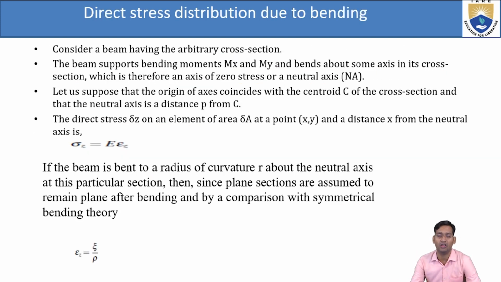Now this is direct stress distribution due to bending. Consider a beam having an arbitrary cross section, meaning any shape of cross section, not particularly spherical, rectangular or square. The area depends on the type: if it's circular, the cross section will be pi r squared; if rectangular, length into width; if square, side squared.